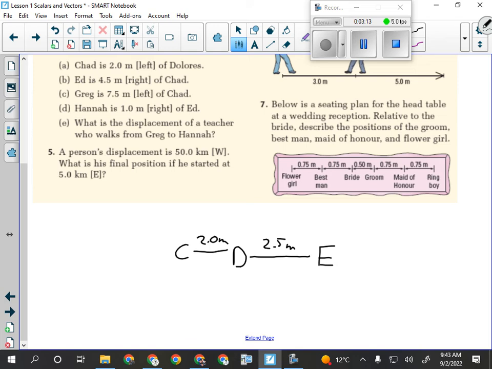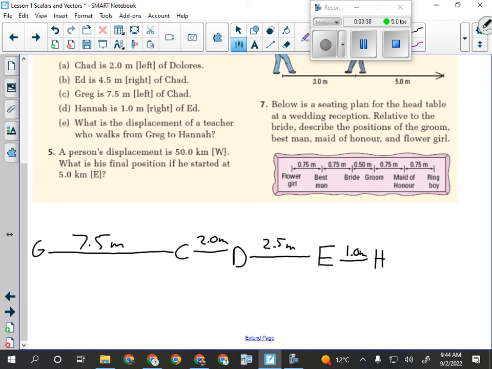And Greg is 7.5 meters left of Chad. And Hannah is 1 meter right of Ed. Okay, so that's what my seating plan would look like.